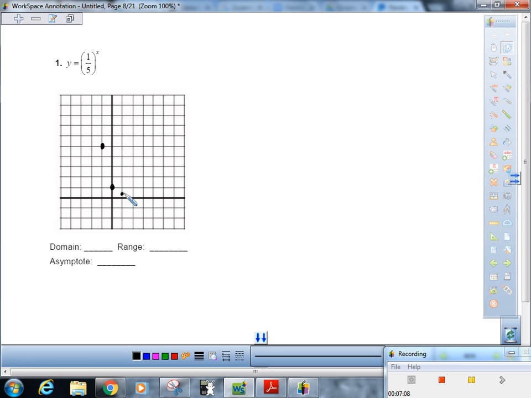But here's where all this talk is trying to line you guys up. If you put in a 10 for x, I want you to just think about what's going on. It's 1/5 times 1/5 times 1/5 times 1/5. How many times? 10 times.